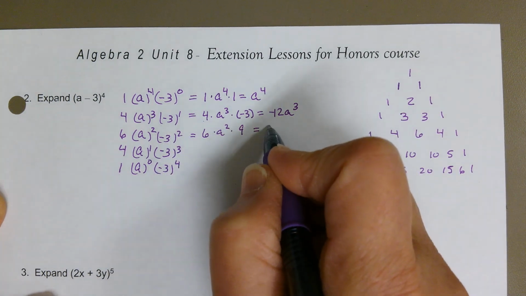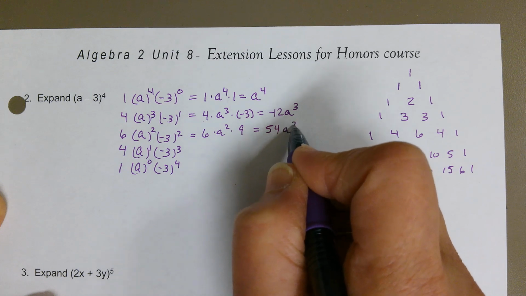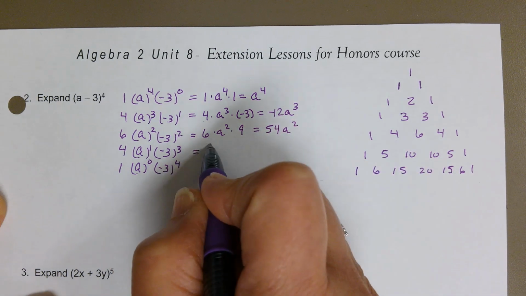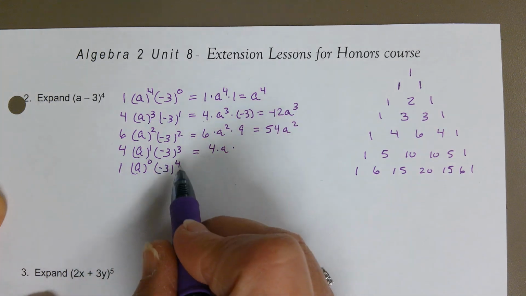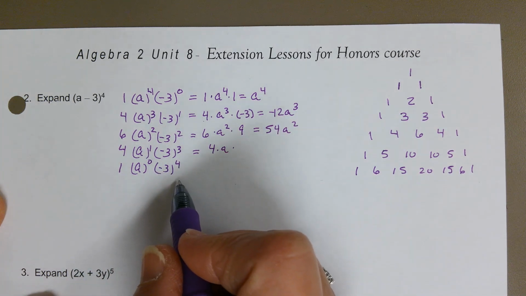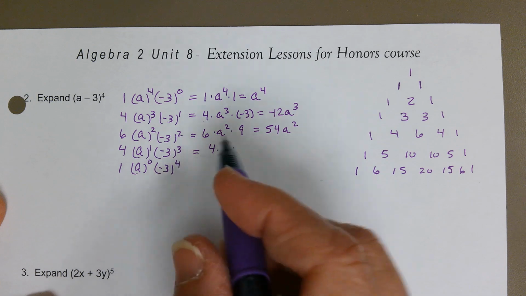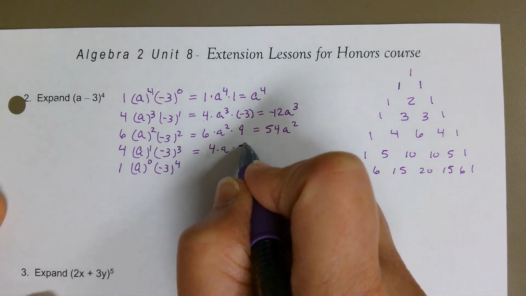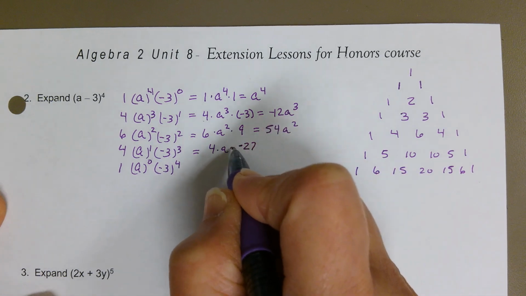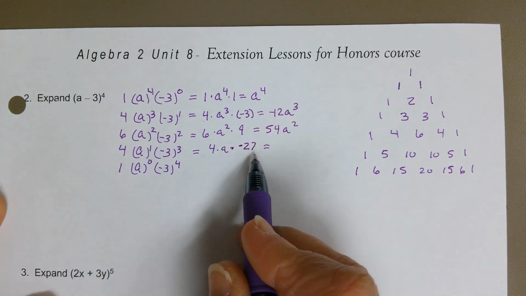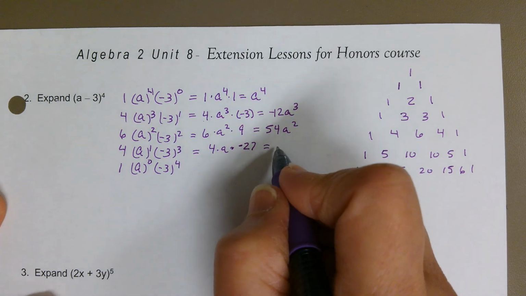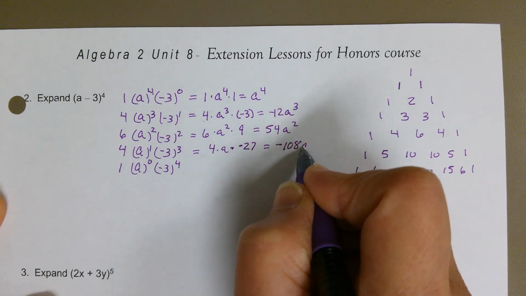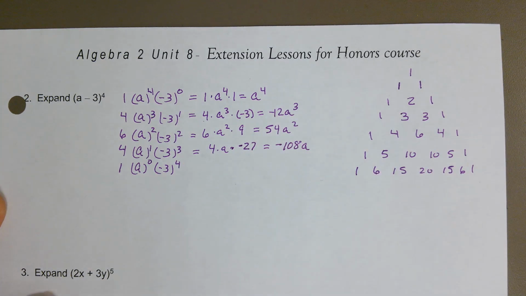And 6 times 9 is 54. 4 times a times negative 3 to the power of 3 is negative 27. And we're multiplying. And 4 times negative 27 is negative 108. So negative 108a.